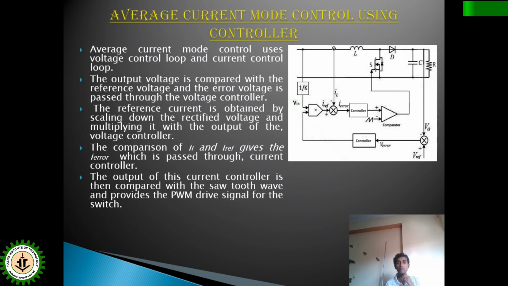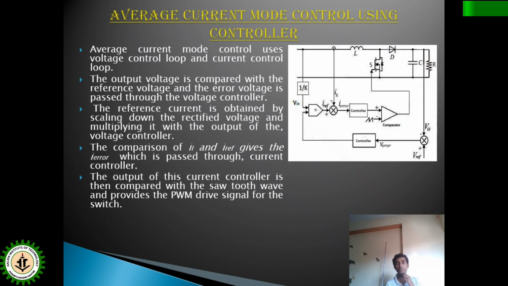If we have to reduce the voltage, we follow the same process. We will reduce Vref, and the pulse width generated will be reduced. So in this way, the continuous current drawn by the inductor will be made to follow the reference signal, which varies sinusoidally but in a rectified form. There is no negative half cycle there, only the positive half cycles.